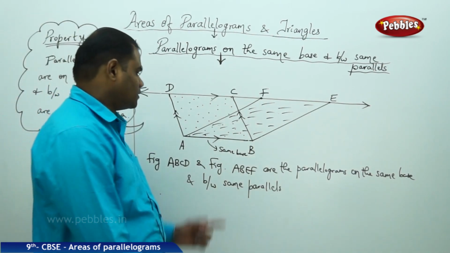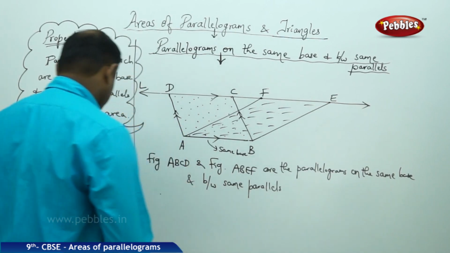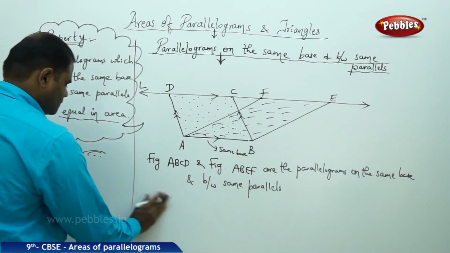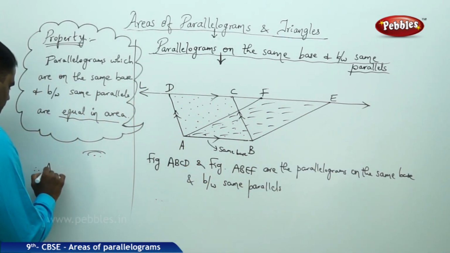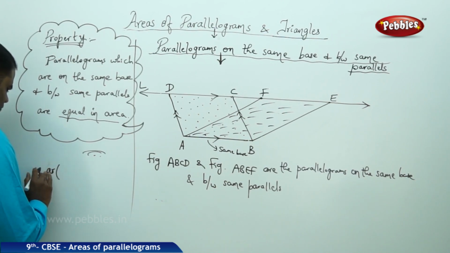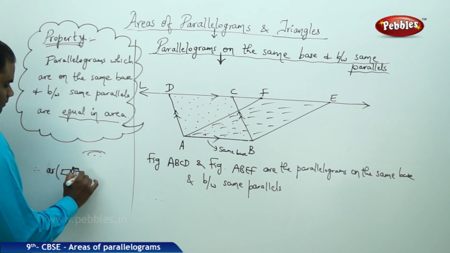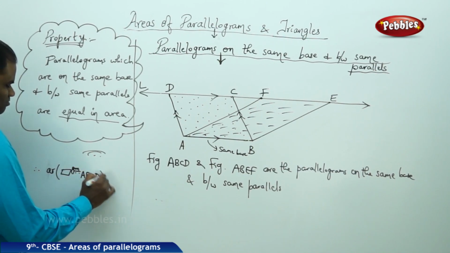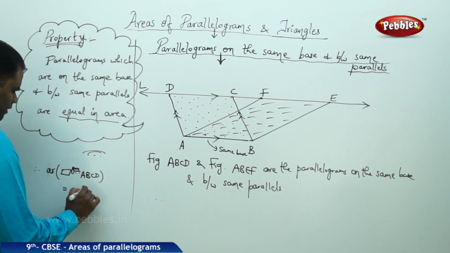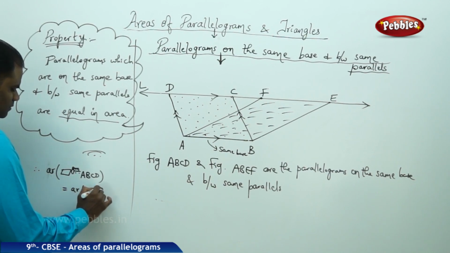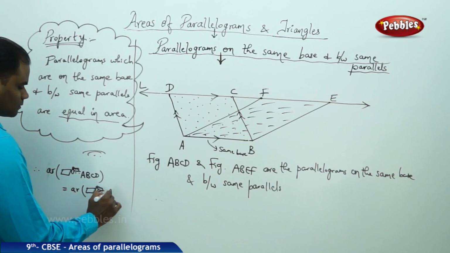So area of this parallelogram, therefore area of parallelogram ABCD is equal to area of parallelogram ABEF.